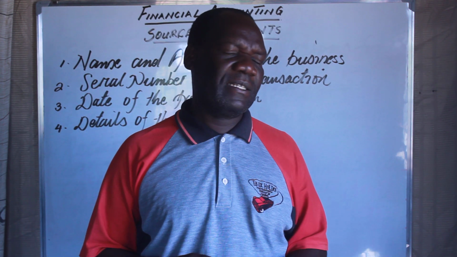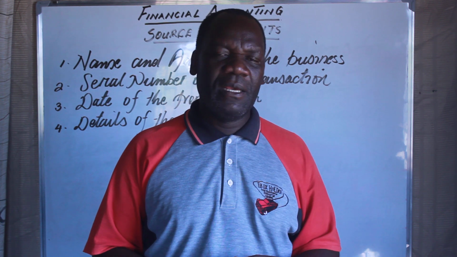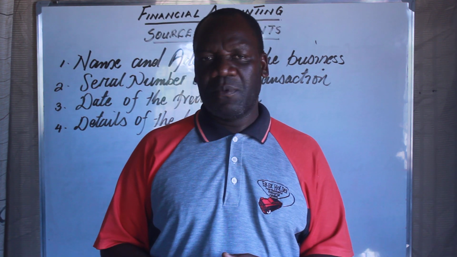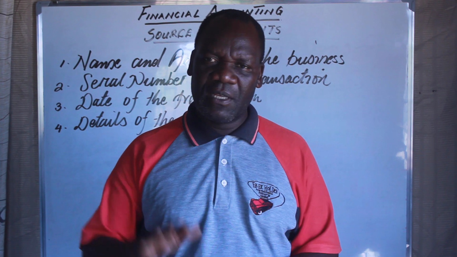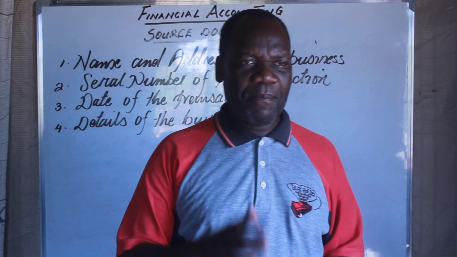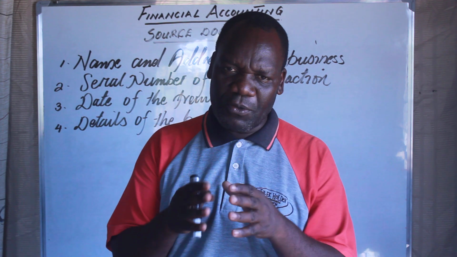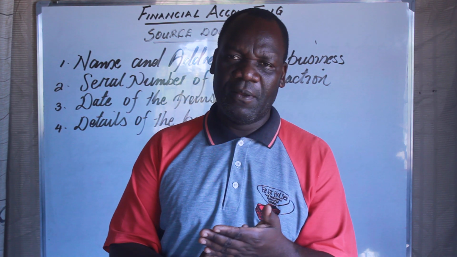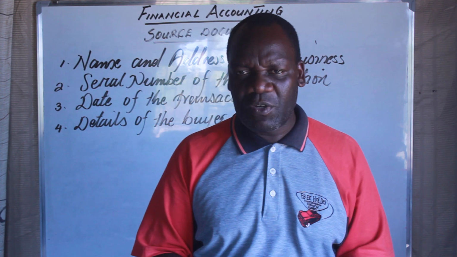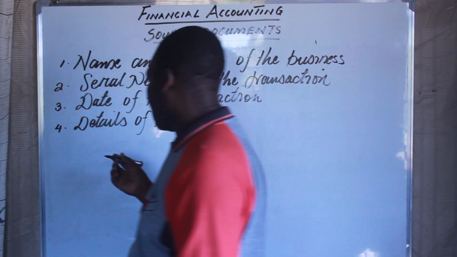These must be captured, in case of whatever happens tomorrow or the other day, in case there's a court issue or you are dragged to court, it will be easy for you to produce that as your evidence. Then this is number 4. Number 5 is the description of the transaction. In the source document, there should be proper description of the goods that have been sold or the type of goods that have been sold.